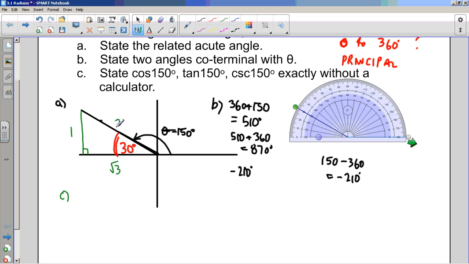And if you say, oh, I don't remember this, don't worry, we will review all of this stuff. And in fact, I'll have my own special way that I remember it. And from here, we can decide which of these coordinates is negative. Since this one's to the left, this one's negative, that one's positive because it's up, and we always think of the hypotenuse as being positive, so we don't think of this as ever being negative. It's always positive. And then the cos of 150 is still just good old grade 10 definitions, the old SOHCAHTOA.